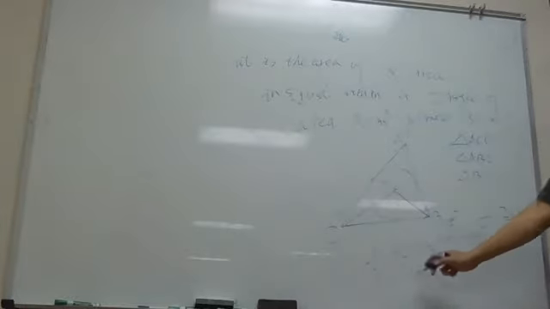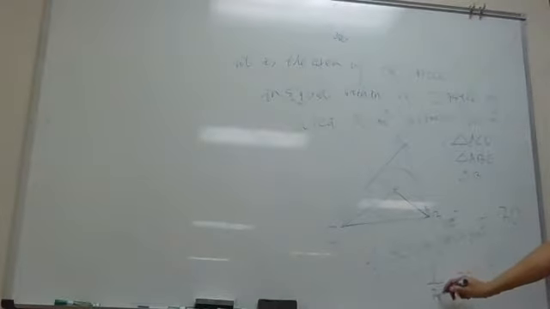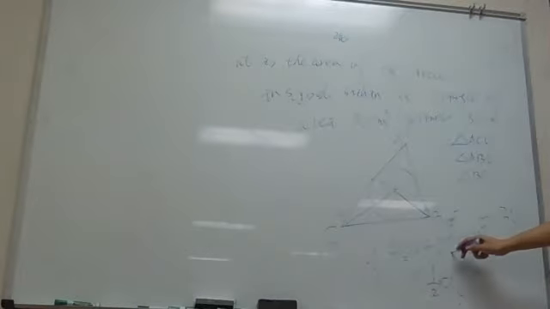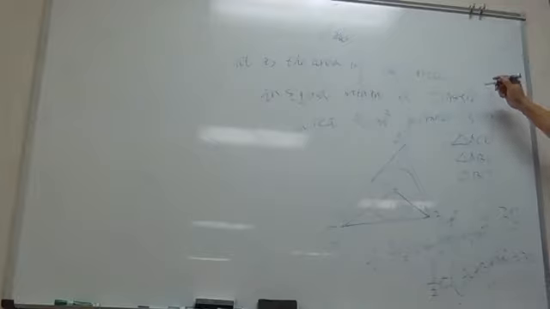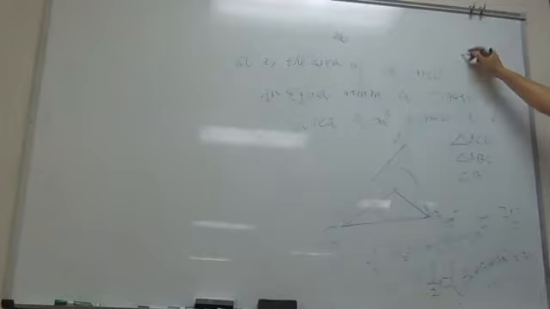Then you can take out the common factor 1/2 R, where R is the radius. What's left is the perimeter, AC plus BC plus AB, which we already know is 30. So plug in, and you get R equals 2.